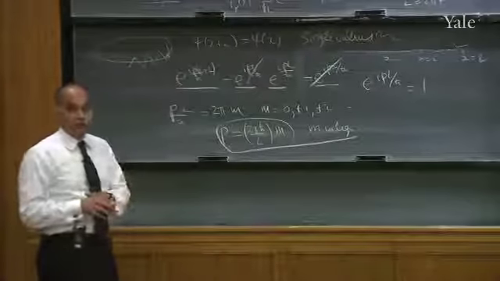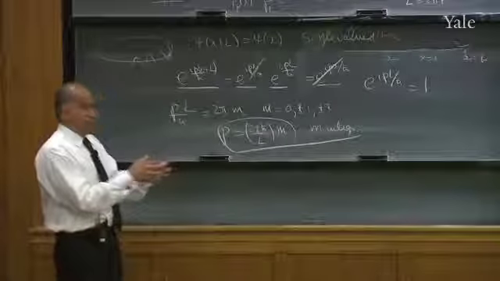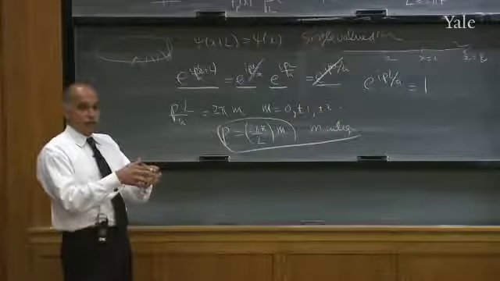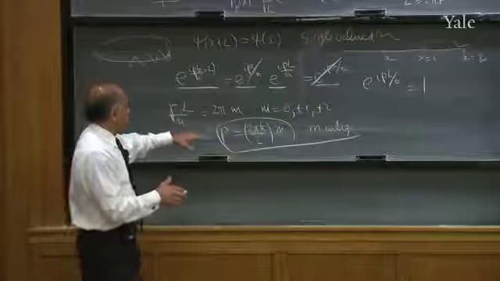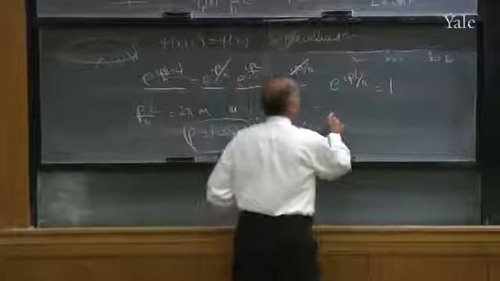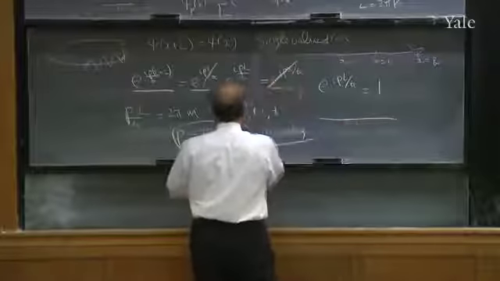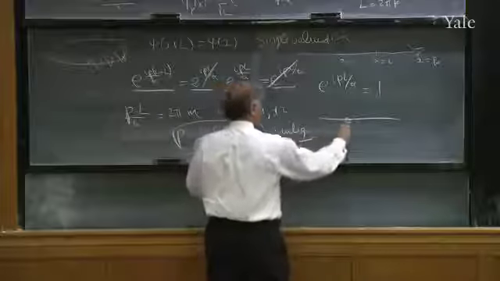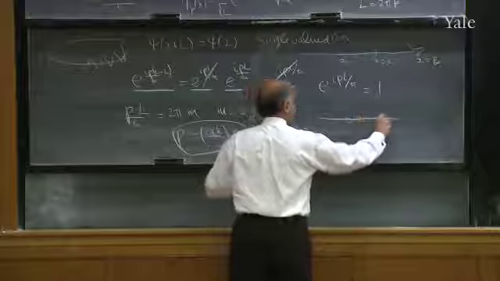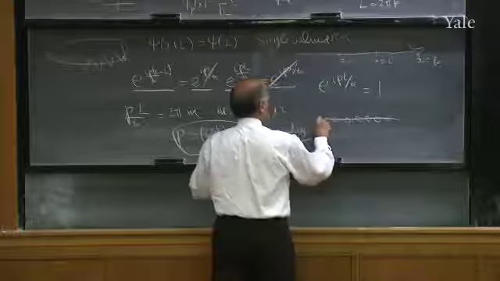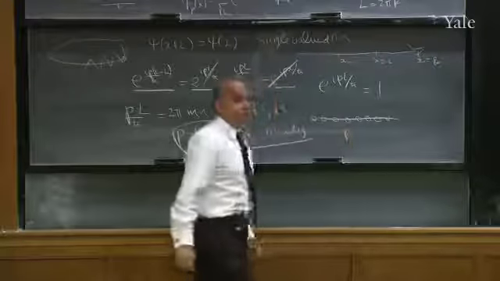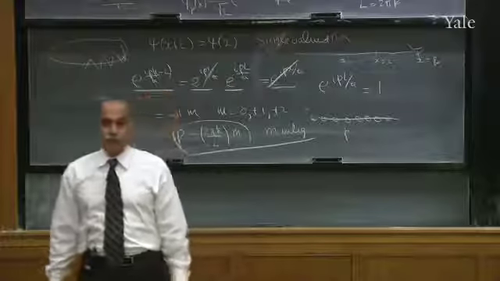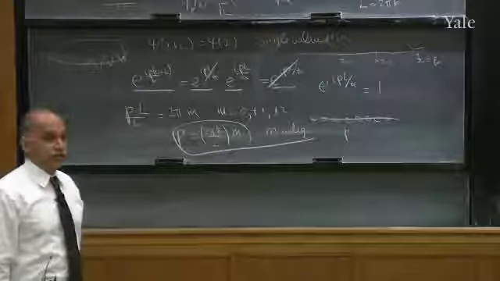It cannot. Especially in a ring of nano proportions, these values of p are all discrete. p is 2 pi h bar over L times 0 is here, times 1 is here, times 2 is here, 3 is here, minus 1, minus 2. These are the only allowed values of p. That's the case of quantization.